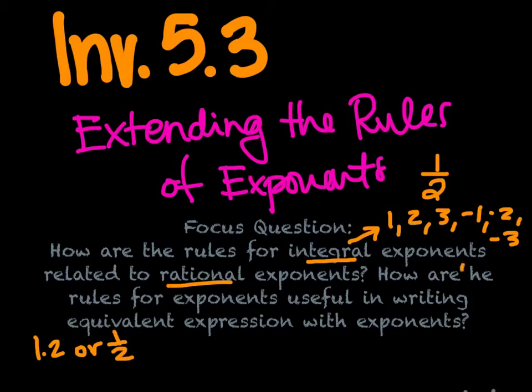How are the rules for exponents useful in writing equivalent expressions with exponents? So we're also going to be looking at finding alternate ways to represent exponents as rational numbers, which honestly, rational exponents have lots of different ways of being represented.